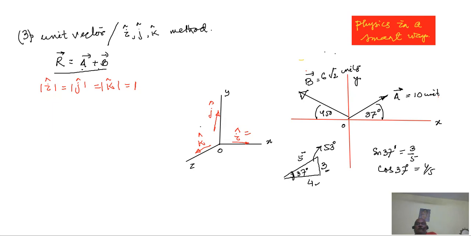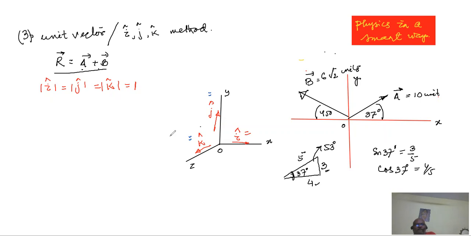Similarly, a vector of magnitude 1 directed along positive y-axis, we put it by a symbol as j cap. A vector of magnitude 1 and directed along positive z-axis, we put it by the symbol k cap.